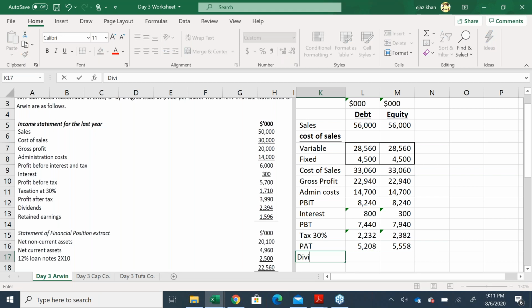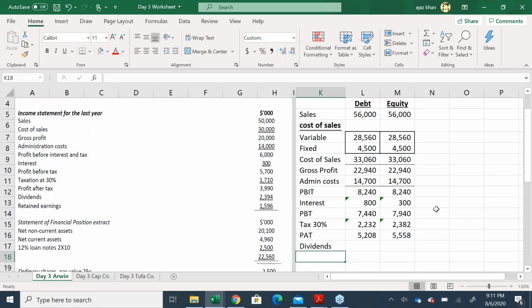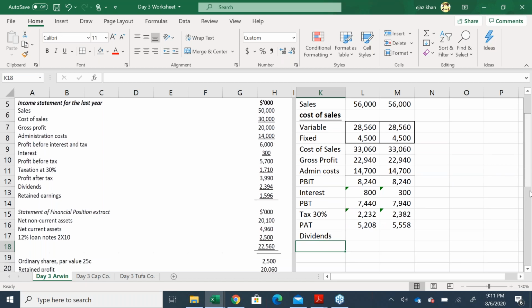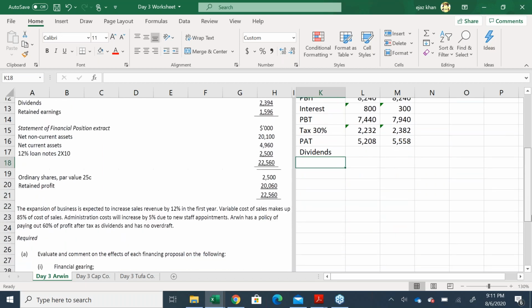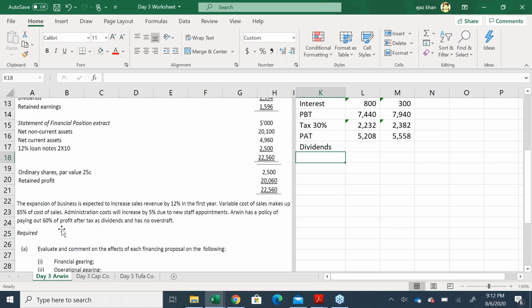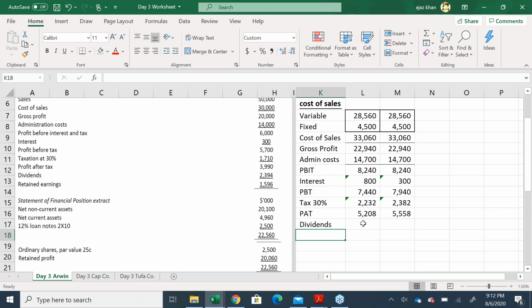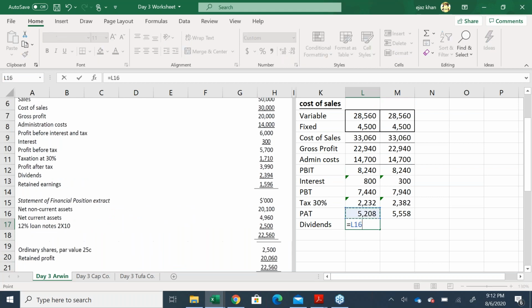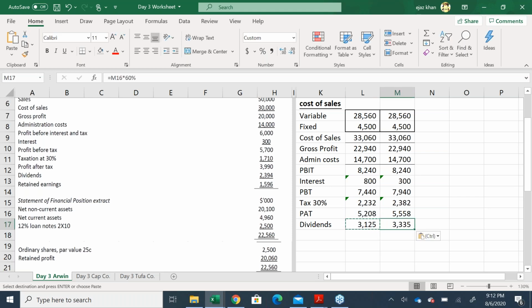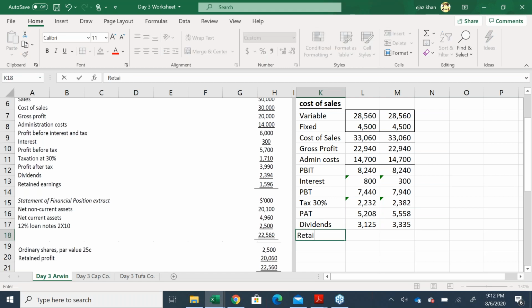Then comes dividends. So how much dividends do they pay? Let's go to the notes. Okay, Arvind has a policy of paying out 60% of profit after tax as dividend and has no overdraft. Okay, so 60% of this figure is going to be the dividends, and then we have retained earnings.